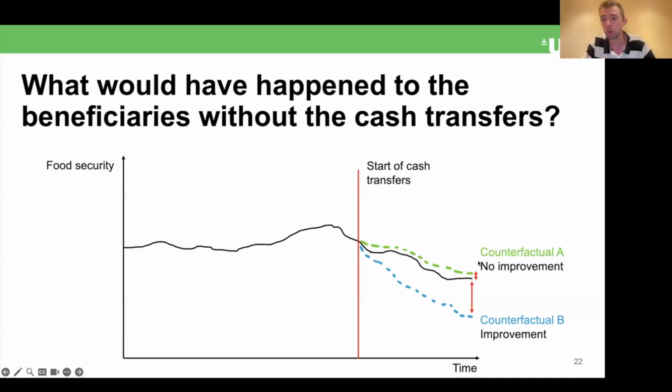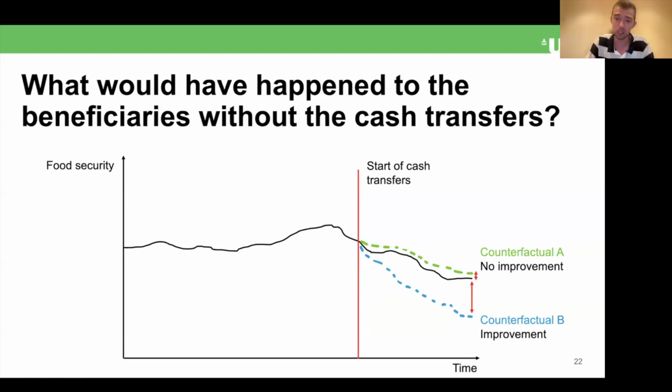And if we would be able to do this, we could find that for the same person, there's now this green line that is moving very similarly, but continues to be higher than what we actually observe in the people that are receiving the cash transfer, and there's no improvement.